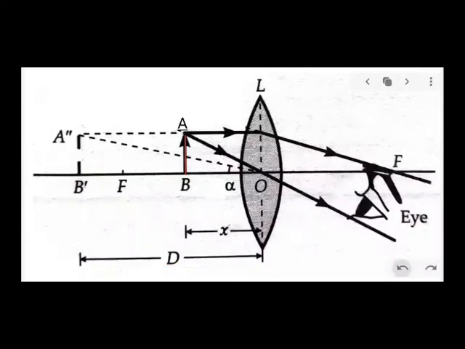If I keep my object here, then the object, let us say A double dash B double dash, makes a certain angle at the optical center O, or I can say the object subtends an angle alpha at the optical center O. Clear?